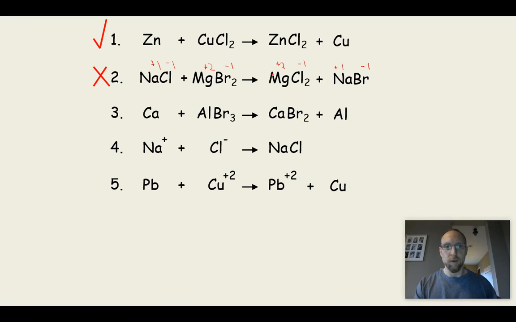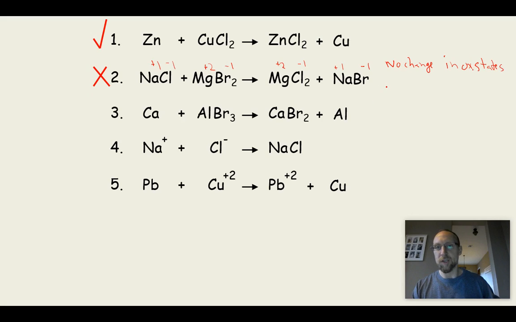Now notice these oxidation numbers. Nobody's changing. Sodium's +1, +1. Chlorine's -1, -1. Magnesium's +2, +2. Bromine's -1, -1. Nobody changed. So that's why this is not a redox reaction, because there's no change in oxidation states.